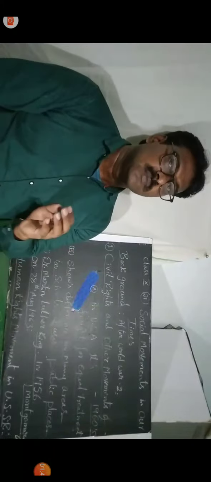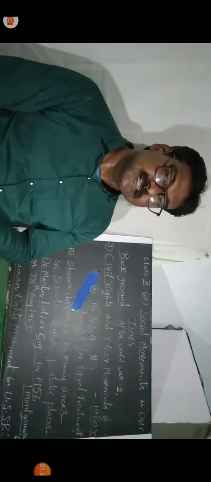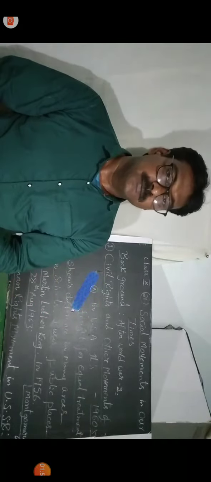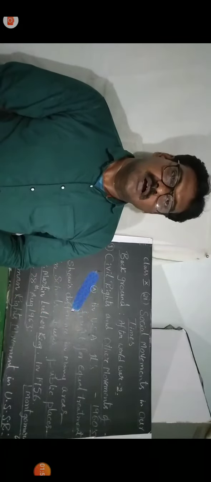The first topic, importantly, is civil rights and other movements of the 1960s. The civil rights movement happened in many countries. Importantly, we are learning about the civil rights movement in America.